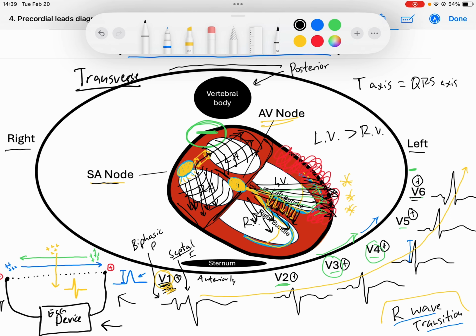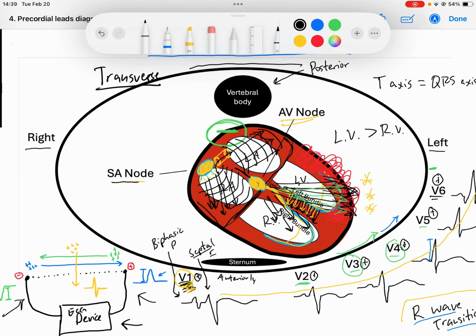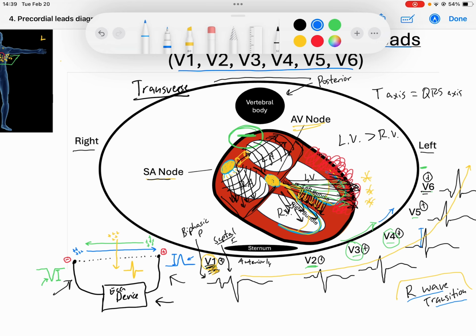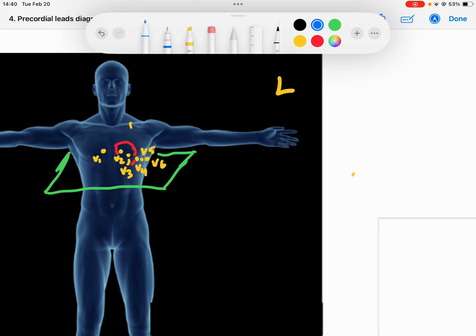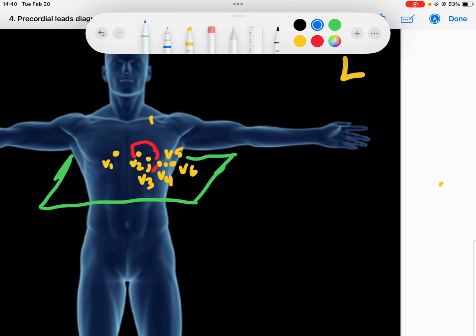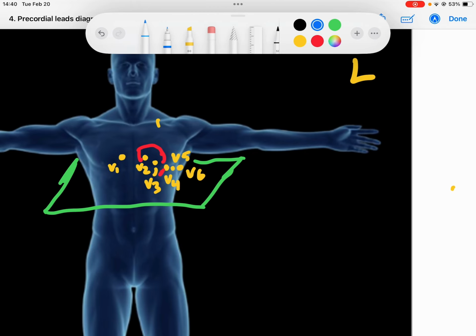So let's recap just a few things here. Remember that our ECG device creates a lead with a negative and a positive electrode. All of the stickers that are placed on the anterior chest wall, V1 through V6, are the positive electrodes, right?